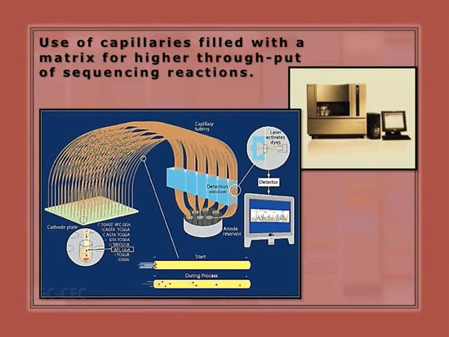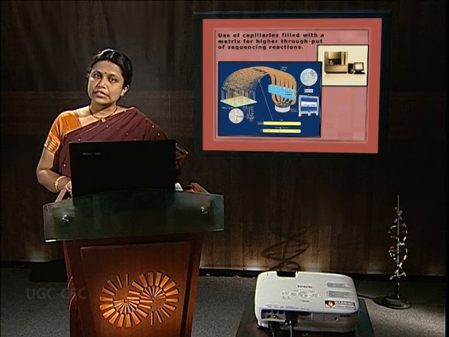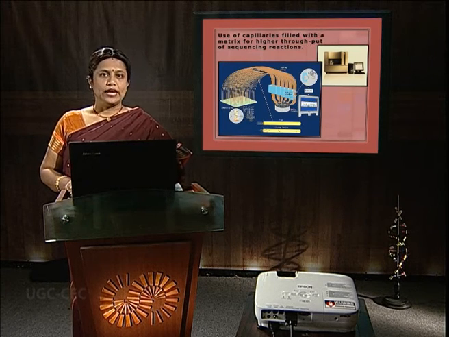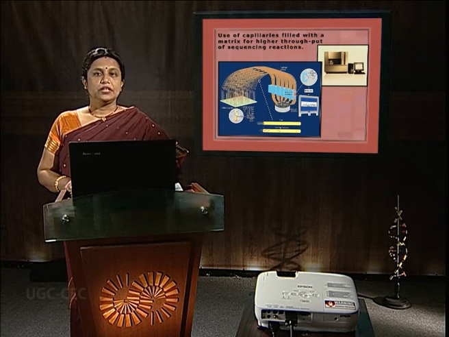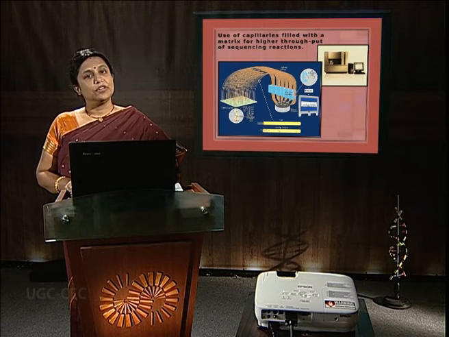Next, nowadays instead of running a slab gel, we can use capillary electrophoresis. And because we are using all 4 different fluorescently tagged dideoxynucleotides, we can run all the reactions in a single capillary instead of running 4 different lanes.